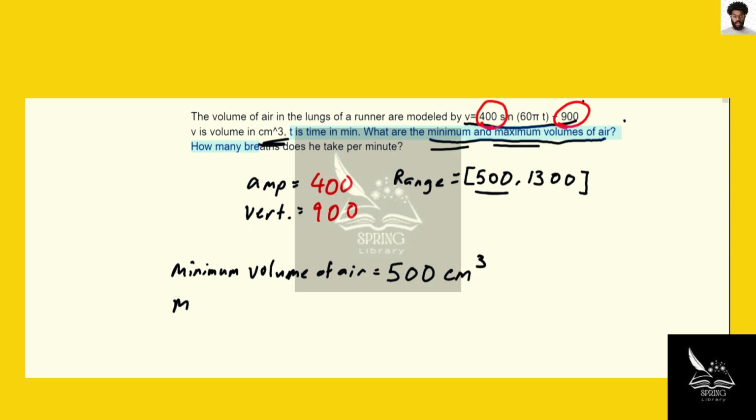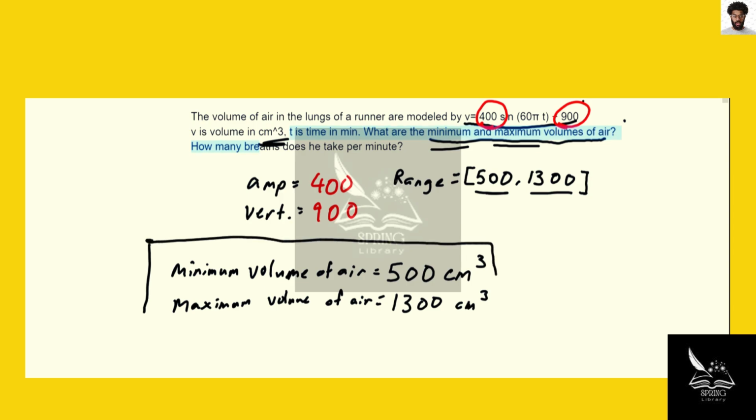And our maximum volume of air is going to be 1,300 cubic centimeters. So here are our answers for the first question.